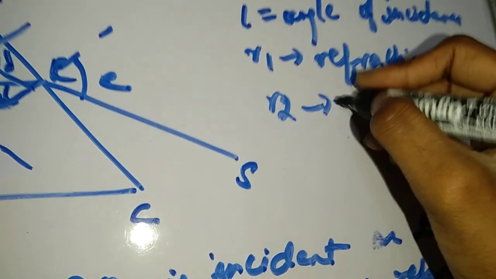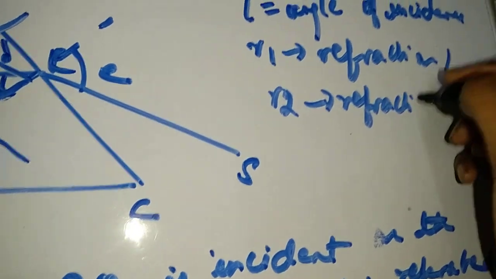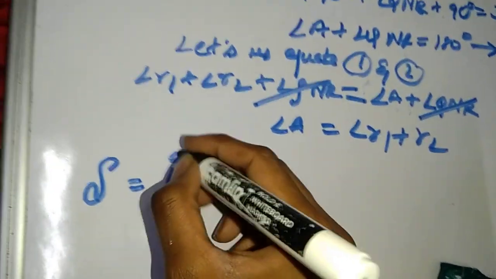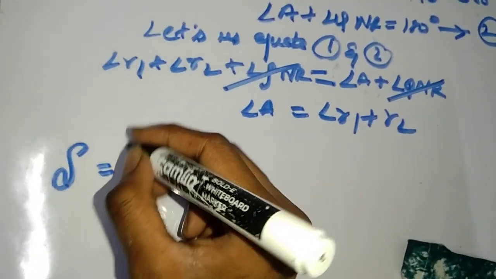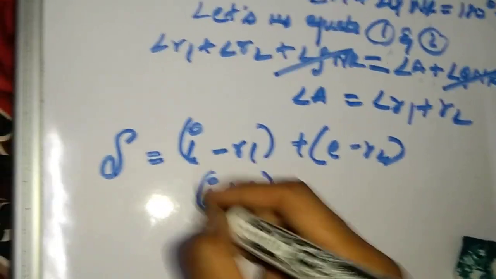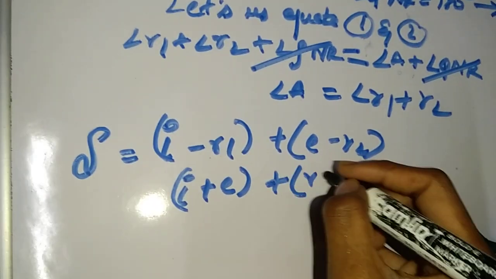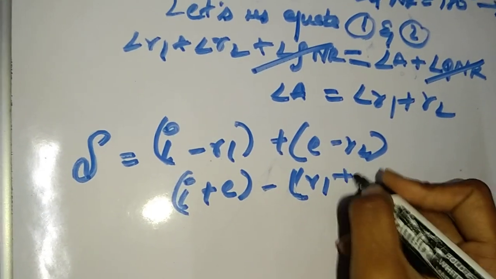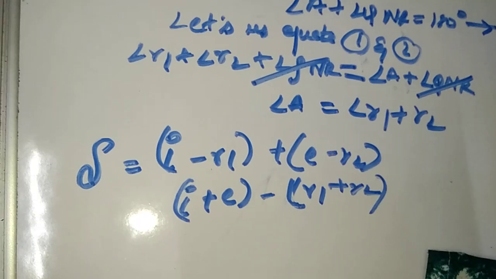R2 is nothing but refraction 2. So you can write these things. Now let's come back here. So you can take delta is equal to I minus R1 plus E minus R2. So can I write this as I plus E minus R1 plus R2. So we got this formula, right?